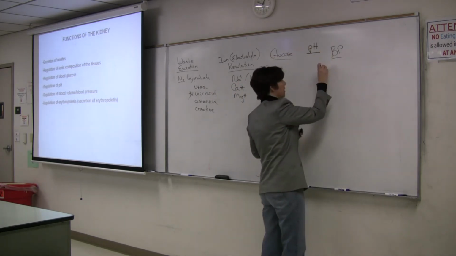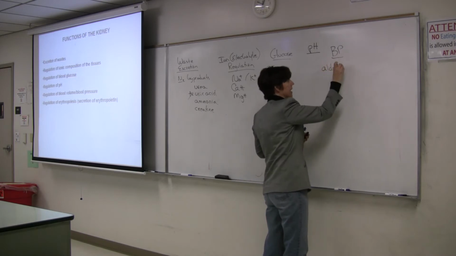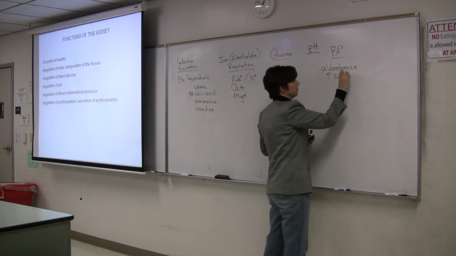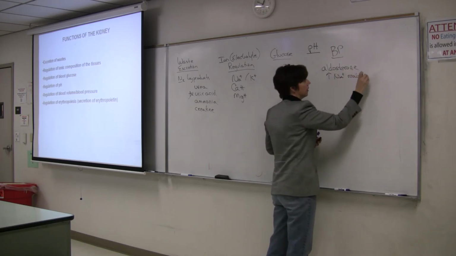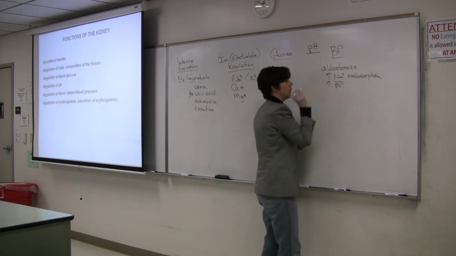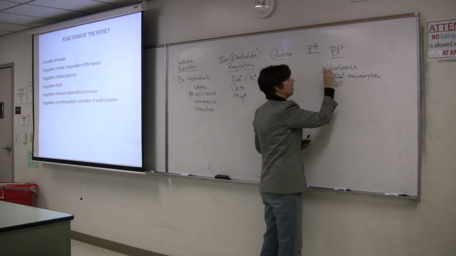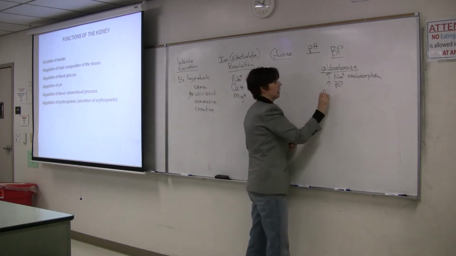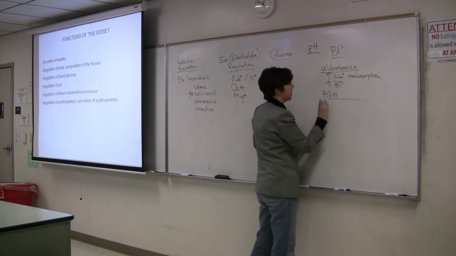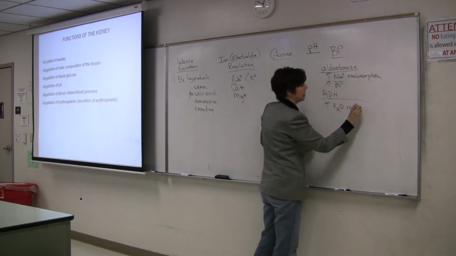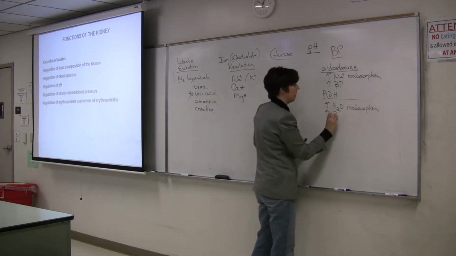Aldosterone affects the kidney to increase sodium reabsorption, and that functions to elevate blood pressure. What was another hormone? ADH. ADH increases water reabsorption directly without sodium, and that also increases blood pressure.